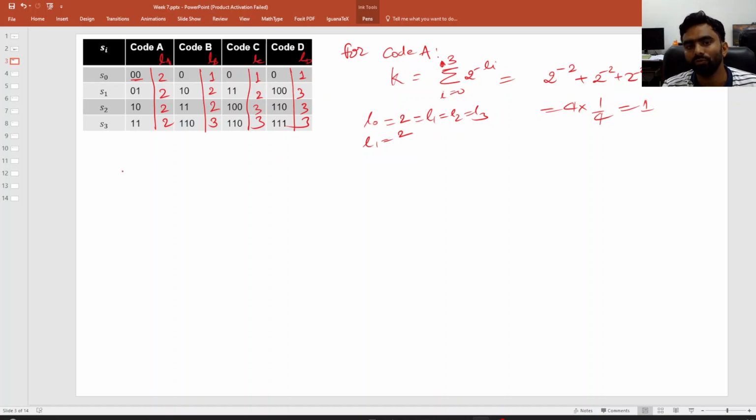We have to see that the sum of 2 raised to minus Li should be less than or equal to 1 for the Kraft inequality. So code A satisfies the Kraft inequality.